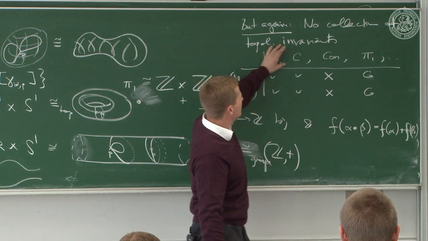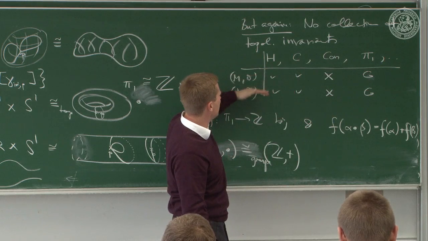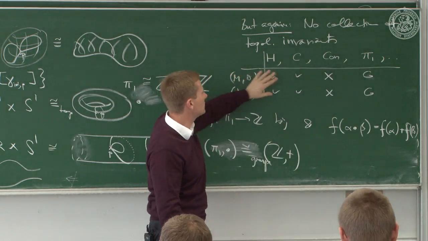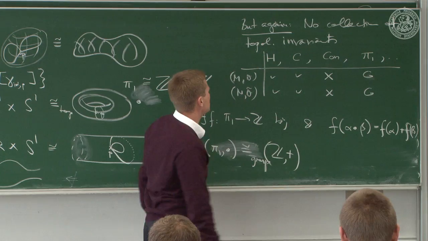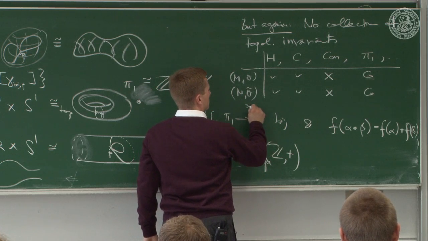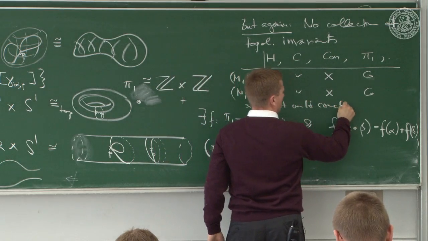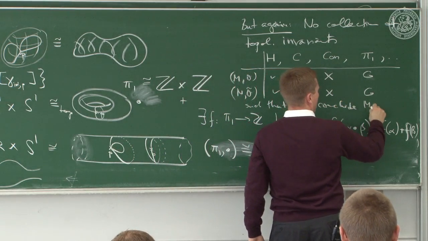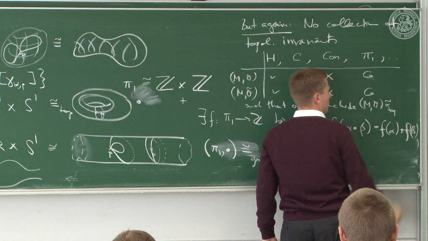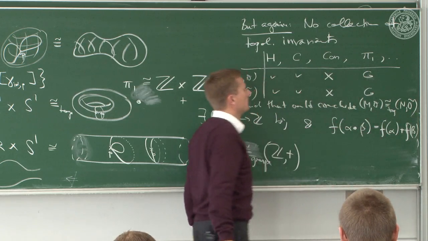So no such list is known, such that if you check for two spaces that all the properties agree, you could conclude that M is topologically isomorphic, so it's homeomorphic to N tilde.